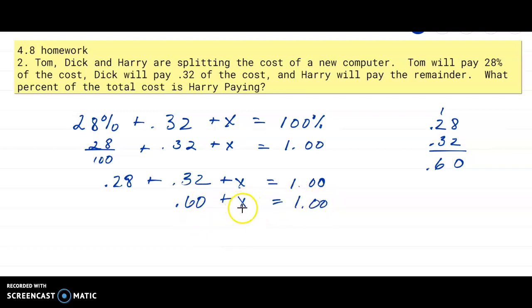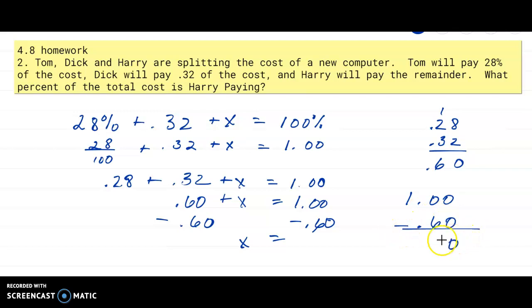I'm trying to isolate my variable. I need to know what x is, so I'm going to subtract 0.6 from both sides. So x equals 1.0 minus 0.6. The way that you would do this is you'd line your decimal points up, and I'm subtracting. So this is 0.4 or 0.40.